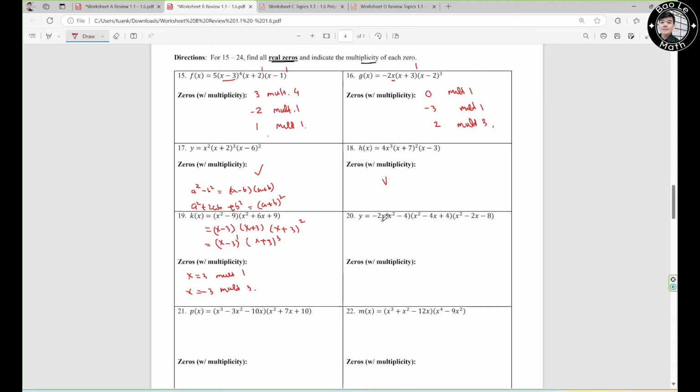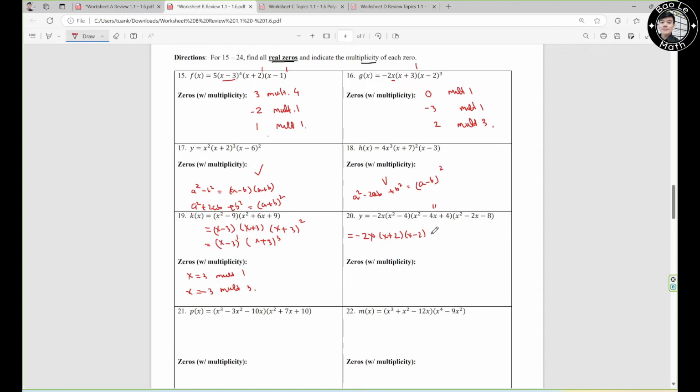Alright, the next one, number 20 right here. I need to use the difference of two squares to factor this one. So it could be equal to negative 2s times s plus 2 times s minus 2. And this one right here turns out to be a complete square: a squared minus 2ab plus b squared is going to be a minus b altogether squared.